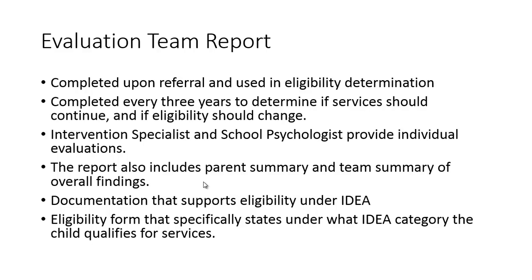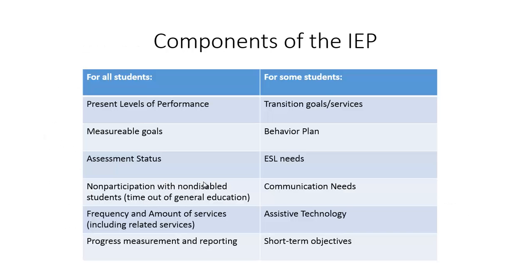And so rather than trying to label the child, it's an opportunity for us just to look at all of the needs that they have based on this evaluation that's been done, and really to determine where the majority of their difficulty is coming from, but not negating the other areas of need for them.